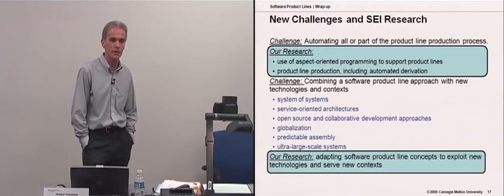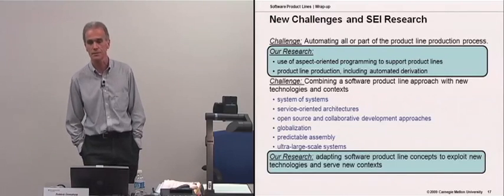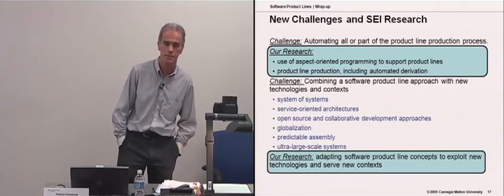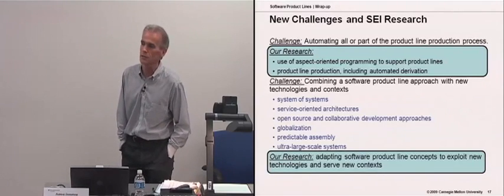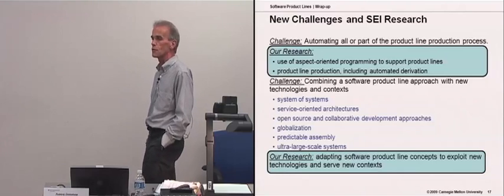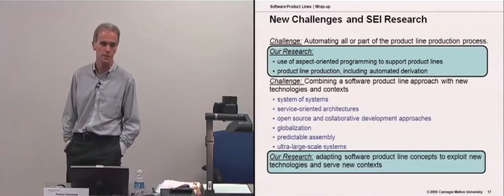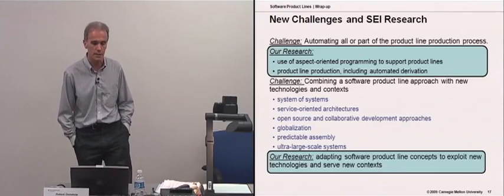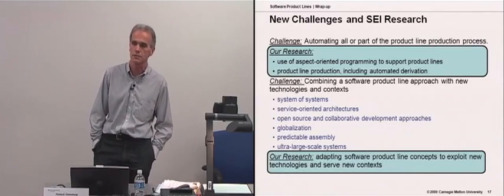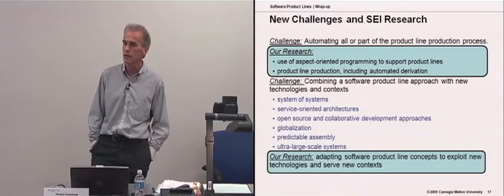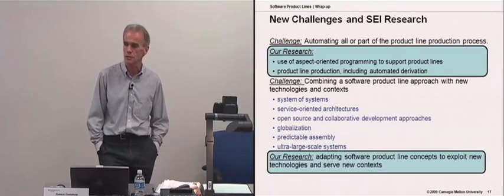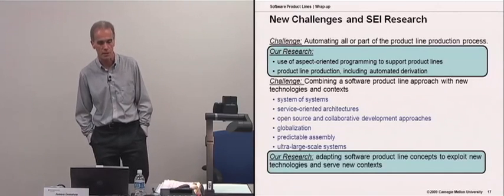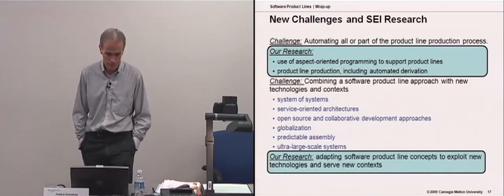We're also looking at things like system of systems and breaking up the system of systems problem space into sets of related systems where product line practice could actually play a role in helping you grapple with the complexity of system of systems. And we're looking at things like service-oriented architectures and use of an open source type approach in a product line effort, and have already conducted a couple of workshops in that arena.